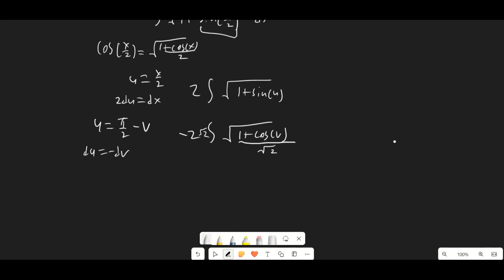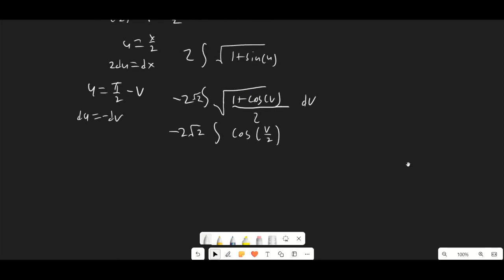So we're going to put square root 2 right there, and then we put the square root 2 inside of the square root here. So we're going to get all over 2, right? dv. And we're going to get negative 2 root 2 times the integral of, now this is just going to be cosine of v over 2 dv.